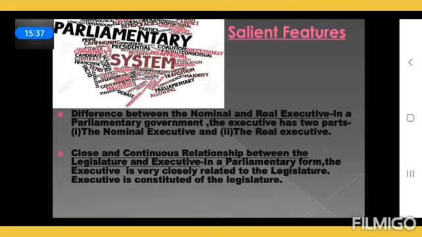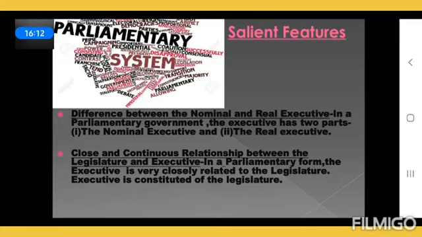So the ministers, along with the headships of the executive departments, continue to be members of the legislature. And in the parliamentary form of government, the elections take place, and the party that comes in the majority is the one who forms the government.